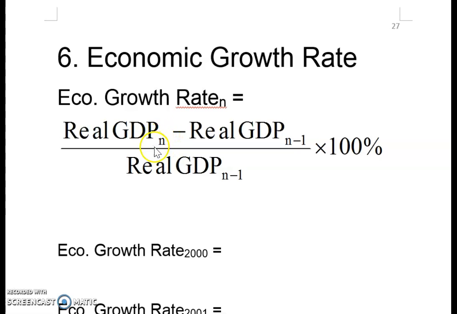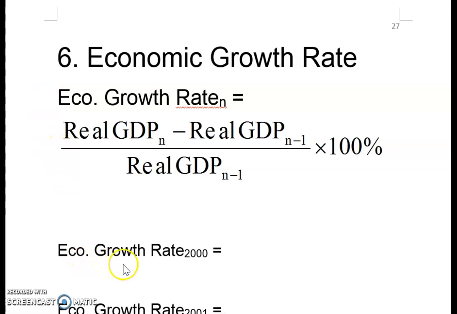N stands for the particular year. So we use this year's real GDP minus the previous year's real GDP, divided by the previous year's real GDP, in a percentage. That is the economic growth rate. So the economic growth rate is in fact the percent change in real GDP.